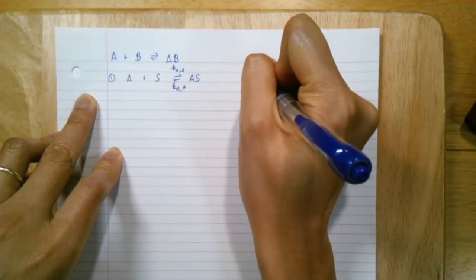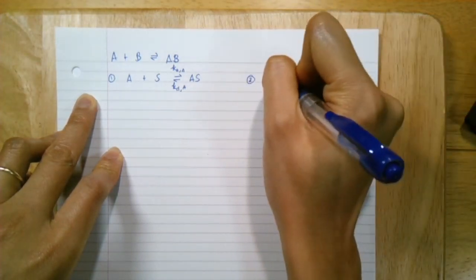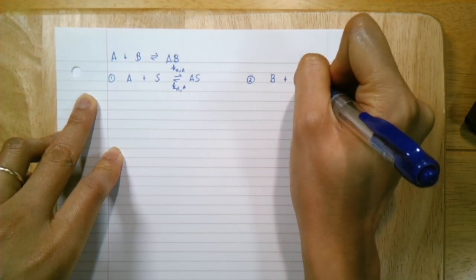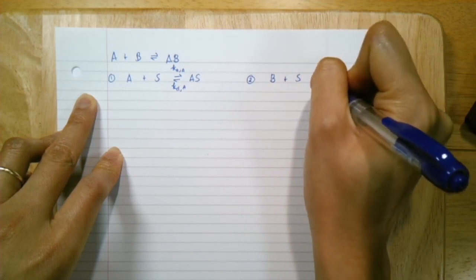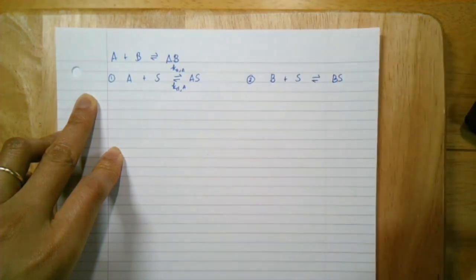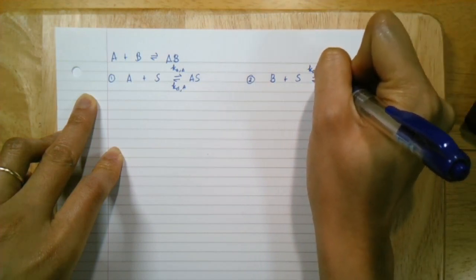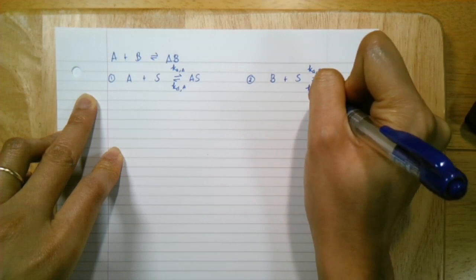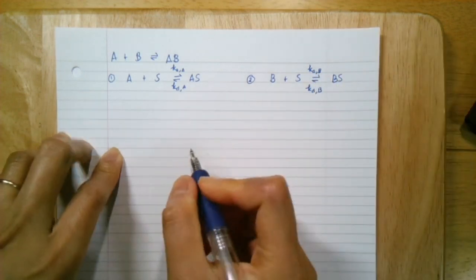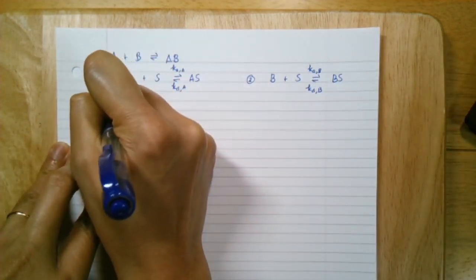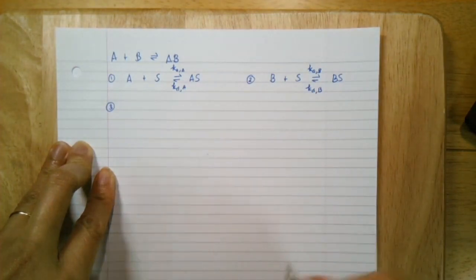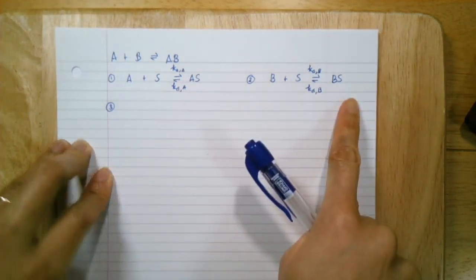The second step is the adsorption of B. That is B plus S goes to BS, with rate constants K adsorption of B and K desorption of B. The third step is the surface reaction between AS and BS.